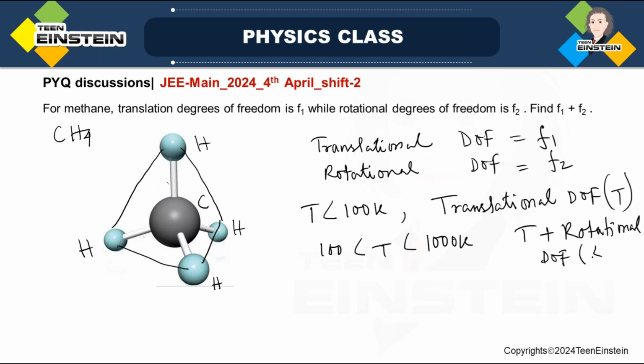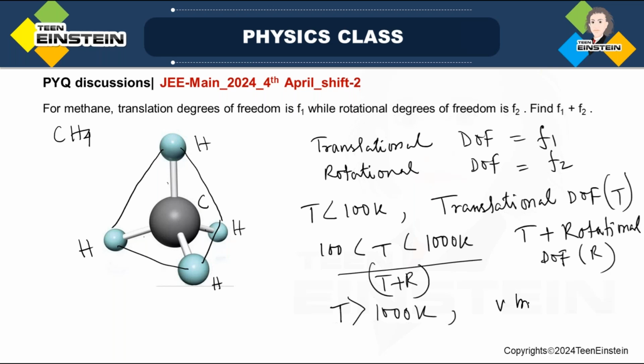So we'll have in this range of temperature T plus R, both degrees of freedom will be there. But when the temperature is much greater than 1000 Kelvin, then vibrational degrees of freedom will come. Vibrational DOF will be there. Okay.